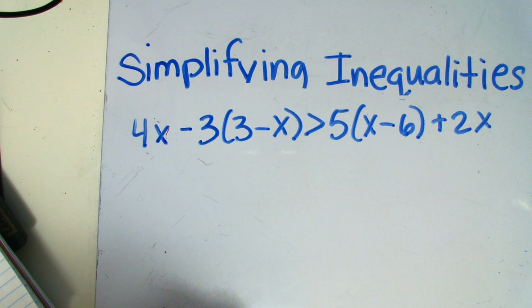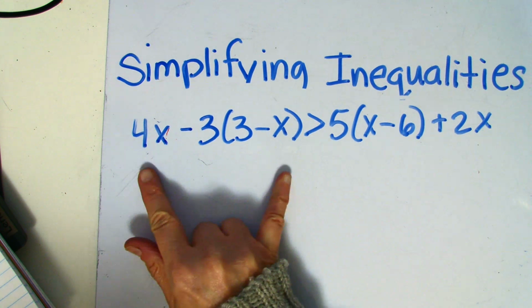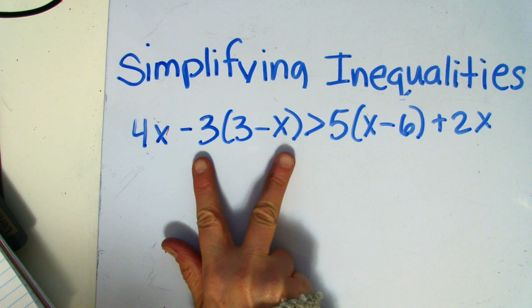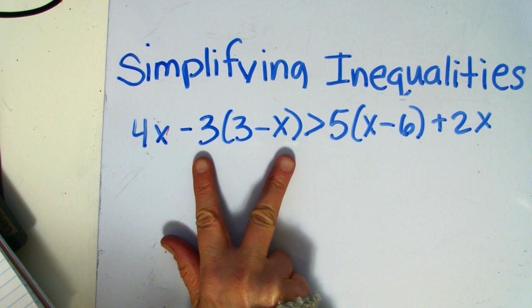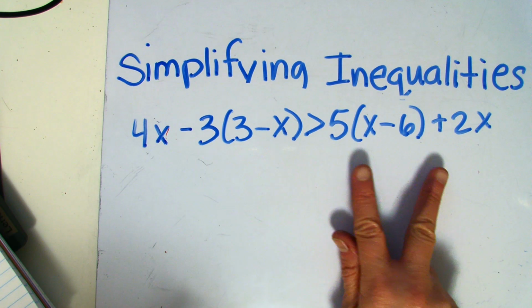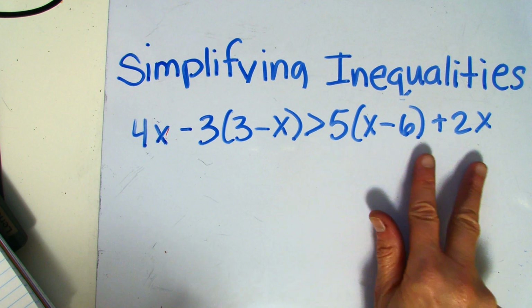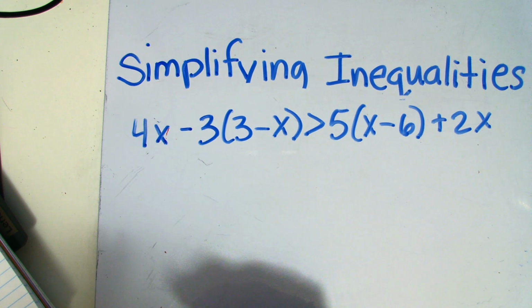Okay, now if I look at this on the left side, I have a distributive property scenario, and then maybe combining like terms. Similar on the right side, I have distributive property, and then I could probably combine some like terms.